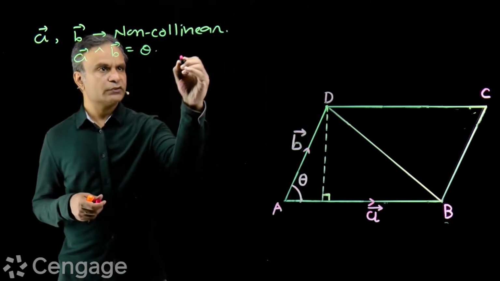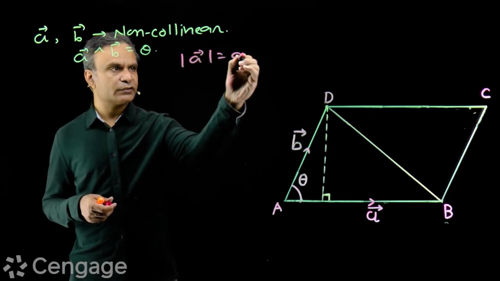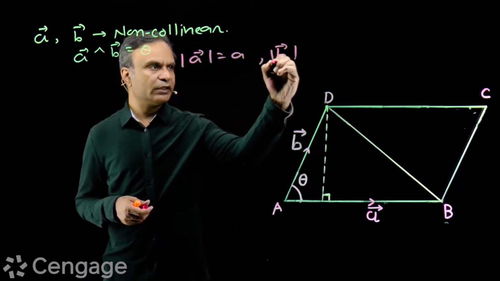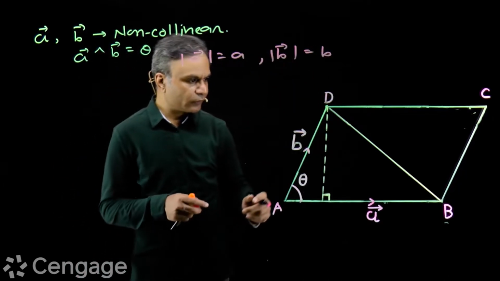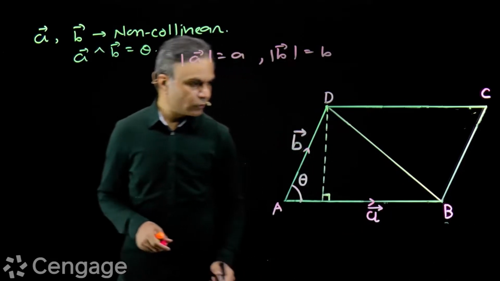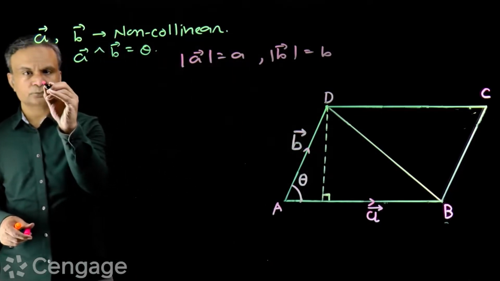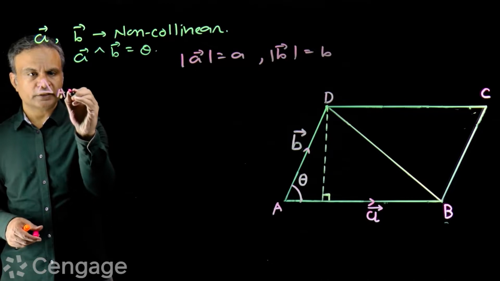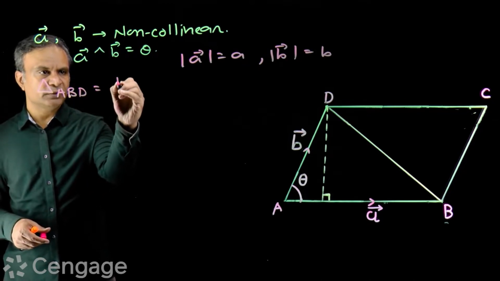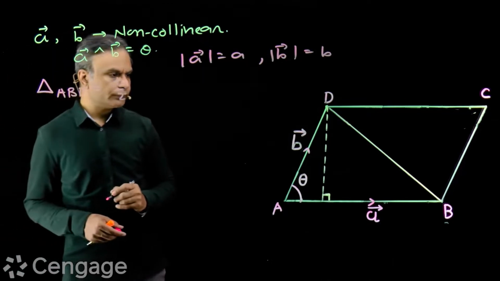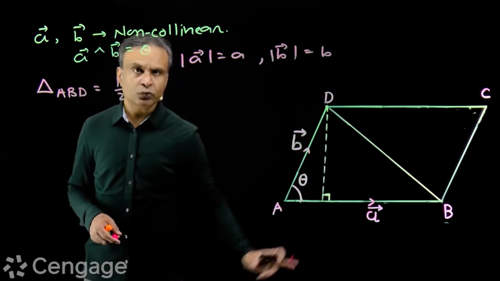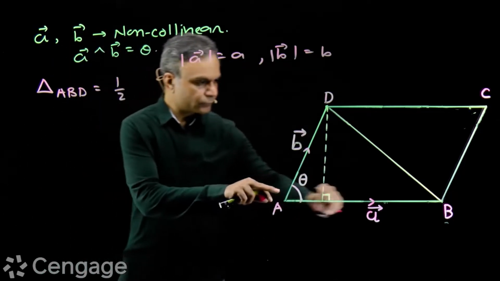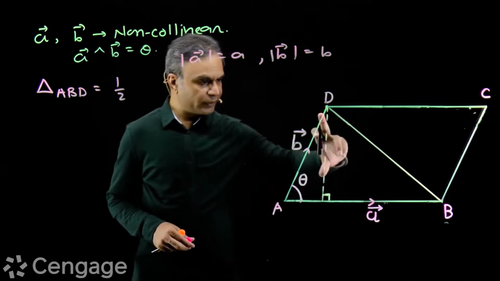Suppose modulus of A is A and modulus of B is B. Then what will be the area of this triangle ABD? It will be 1 upon 2 into base into height. This length is A, so base is A. What will be the height?